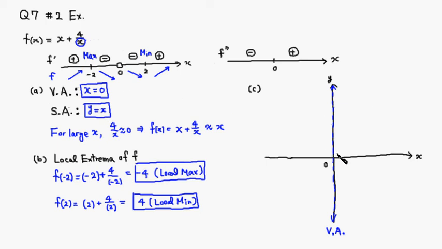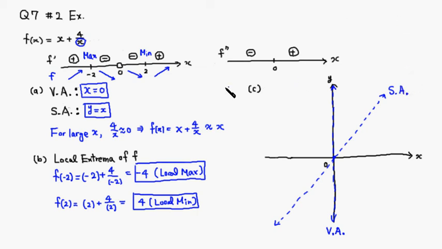So that's going through the origin, and the slope is 1. I'll try my best to draw. So it's going to be y equals x. Looks like this. So this is our slant asymptote. So I'm going to put slant asymptote here.